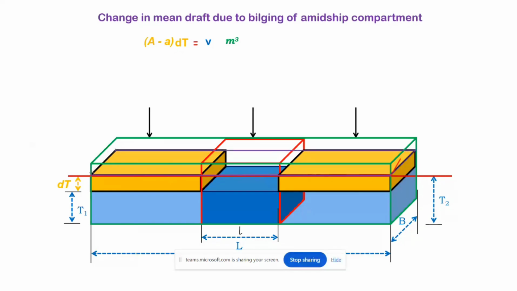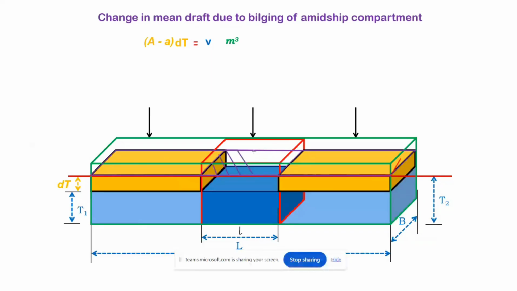Let me use another color, purple will be good. This is the initial water plane area, the total water plane area, which I am now highlighting with a purple outline. But the center compartment is laid open to the sea, so the area of the compartment is no more contributing to the intact water plane area. This area which I am now shading is small a. Look at the formula above, it is small a.